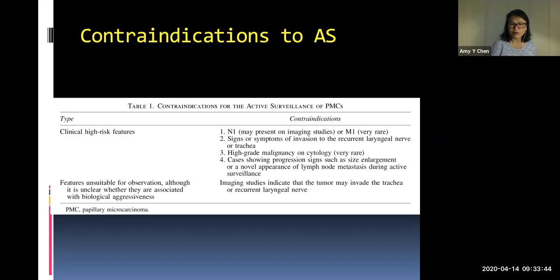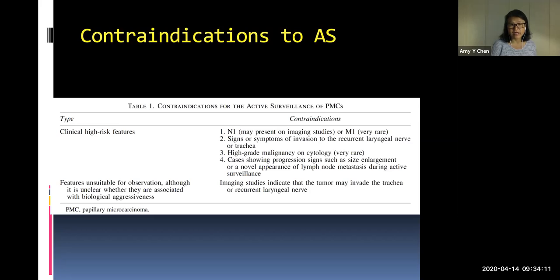If you get a high-risk malignancy on cytology, now that's pretty rare to find. It's really difficult to tell tall cell variant PTC, hobnail type of PTC on cytology, and therefore that's very rare.